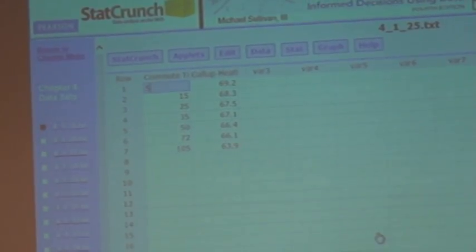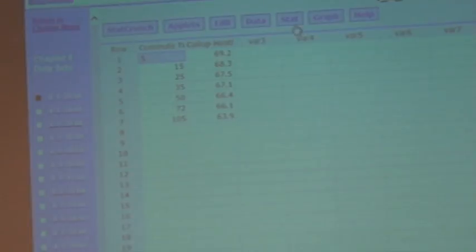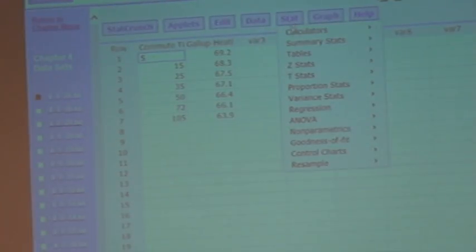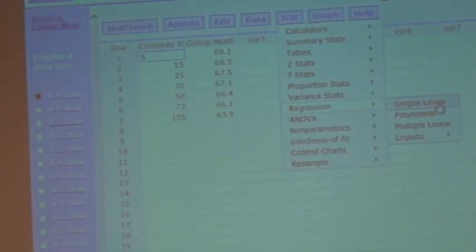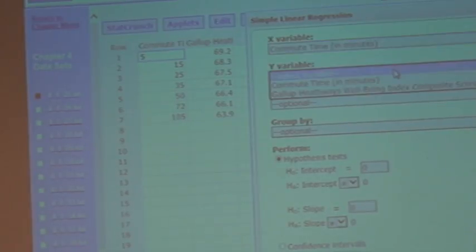Okay, so let's take a look at the R squared value. So we're going to calculate a linear regression. I don't know about you guys, but I've done all this stuff by hand, and I can tell you it is no fun whatsoever.